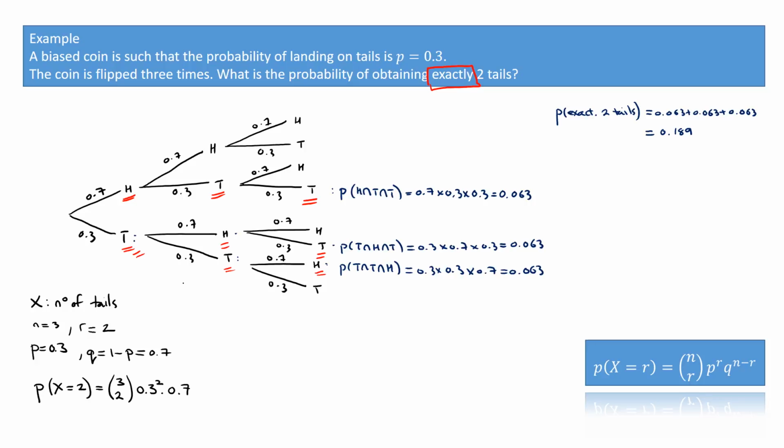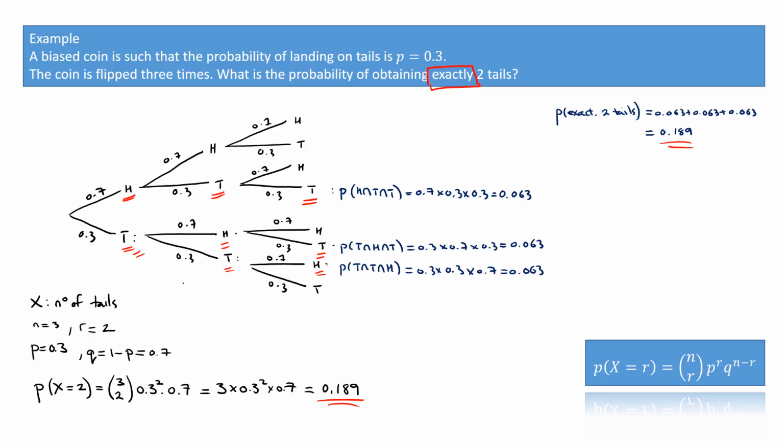And now, with a calculator or not, up to you, we find that the binomial coefficient 3, 2 is equal to 3. So that's 3 times 0.3 squared times 0.7. And we find that that's equal to 0.189. In other words, we find exactly the same result as we had done with our tree diagram.